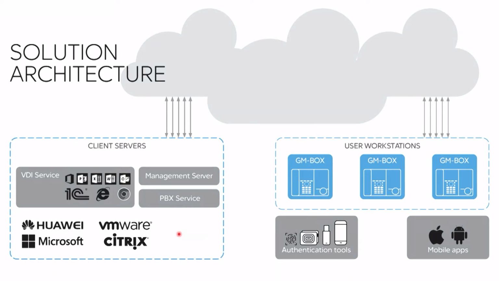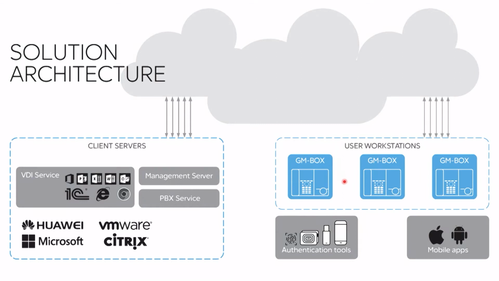Also, you can use a domain like Active Directory or any LDAP service as the domain of all your users and profiles, mainly logins and passwords and so on. But our management server also allows you to combine different accounts from the VDI and the PBX, and make this profile available on the user workstation.